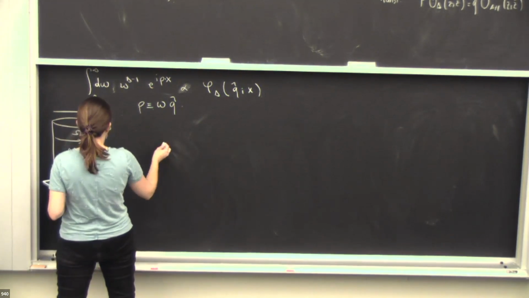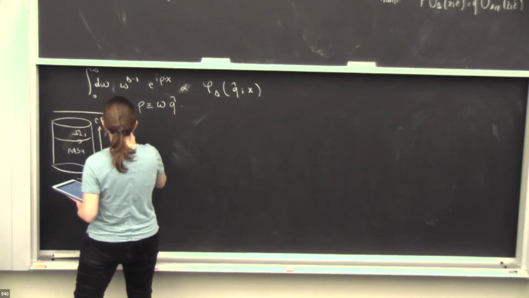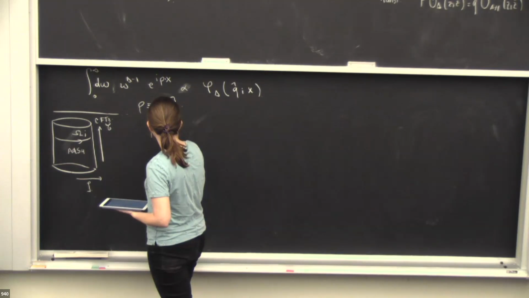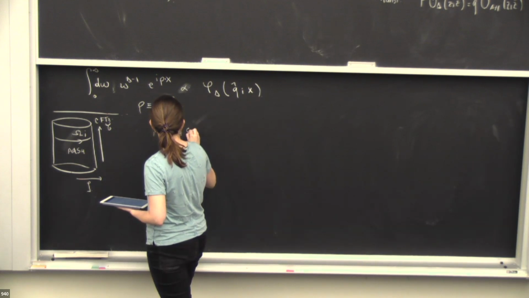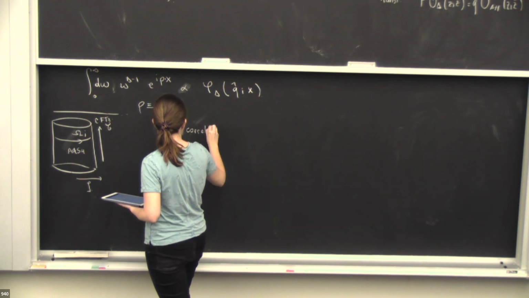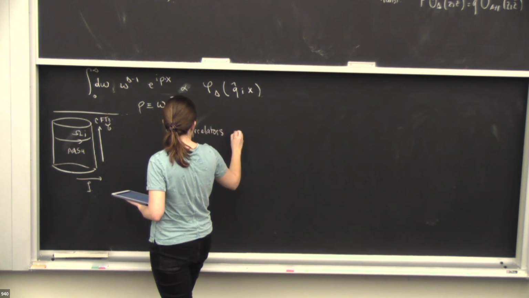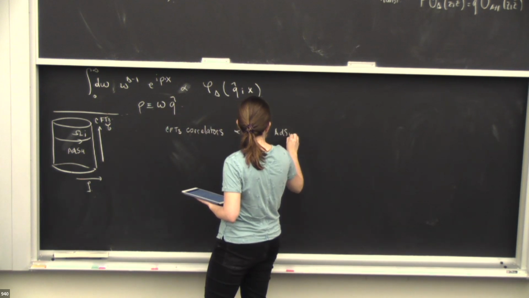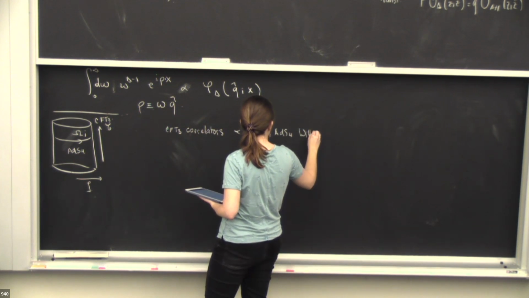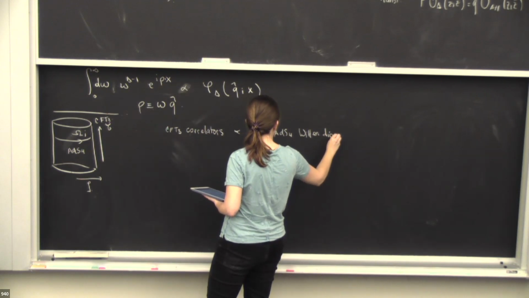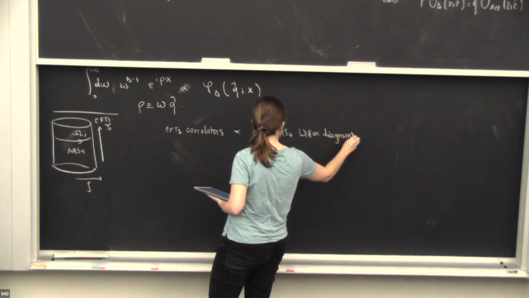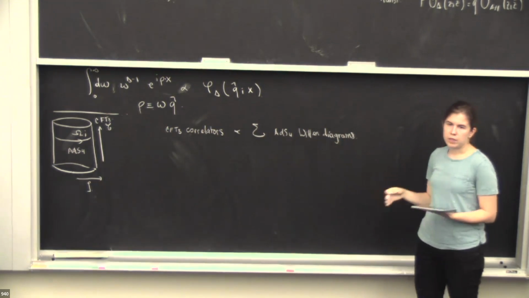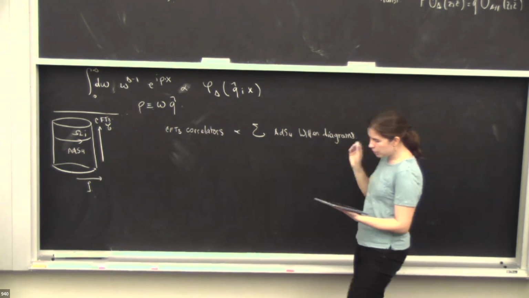So, for example, another thing I should say is that it's known that CFT3 correlators can be obtained by summing over AdS Witten diagrams involving various channels in a similar way as one would do in flat space.